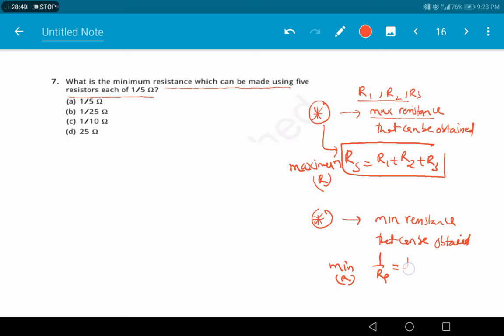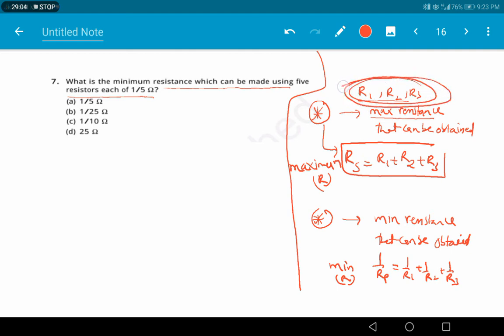So 1 by Rp is equal to 1 by R1 plus 1 by R2 plus 1 by R3. It is a very important point. First we should know in which combination we are getting the maximum resistance. So by giving a certain group of resistors, they are asking what is the maximum resistance and what is the minimum resistance. So for maximum resistance, definitely we use the series combination formula, and in parallel combination we are going to get the minimum resistance.